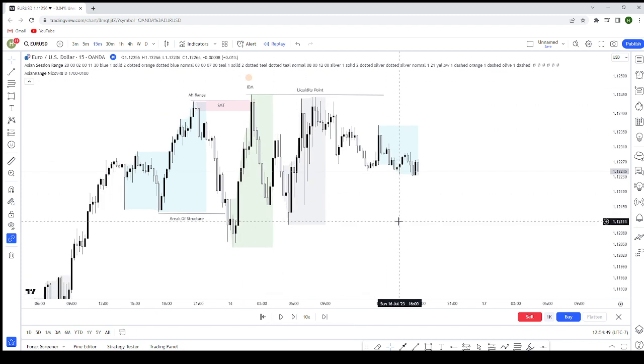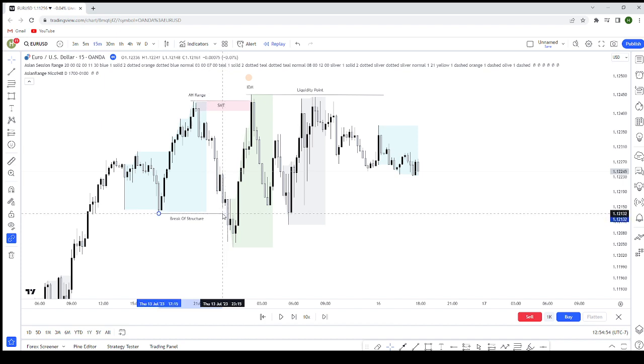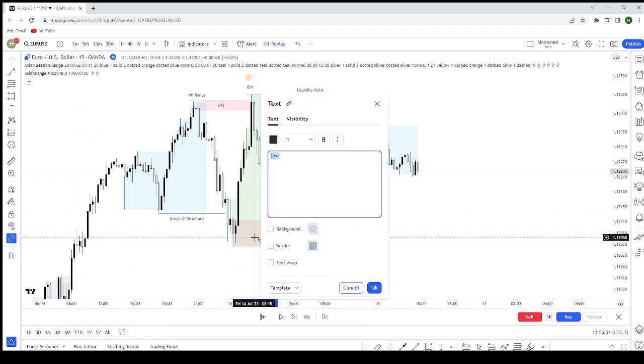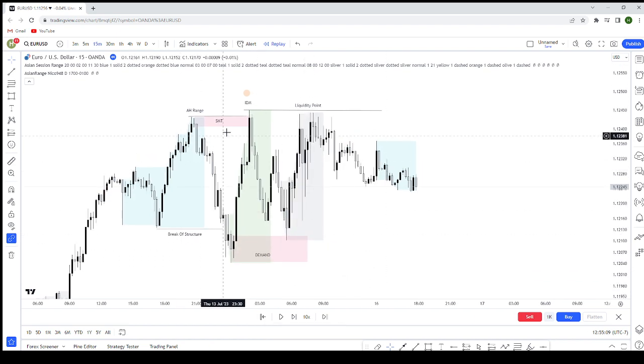Then I'm just looking at the previous week to get a mindset, a viewpoint of the market. And then we're going to see that there's this demand area that was respected over here.